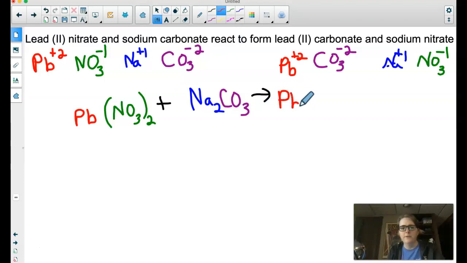And then lead 2 carbonate, because the lead has a charge of +2, carbonate has a charge of -2. That's a nice easy formula. I just need 1 of each. And then sodium nitrate, again, because they have the same charge, I'm not going to need any subscripts. It's just going to be 1 sodium and 1 nitrate.